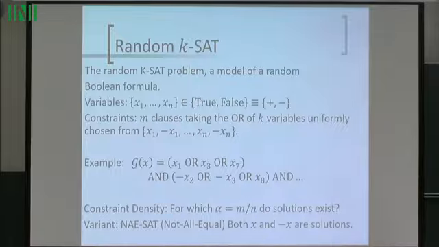Just to remind you, the random Boolean formula has n Boolean variables that are either true or false, which I'll label as either plus or minus, and the constraints are: you choose k of the variables or their negations and take the or of that, and that's one constraint, and then you take the and of alpha n of these. Okay, so that gives you a random Boolean formula, and we want to know, is it satisfiable?